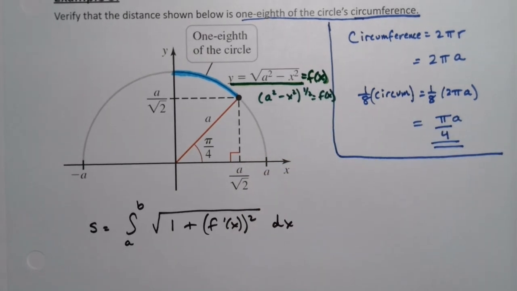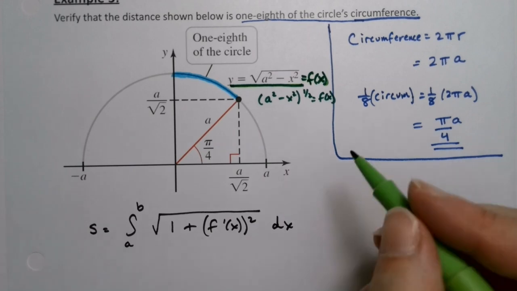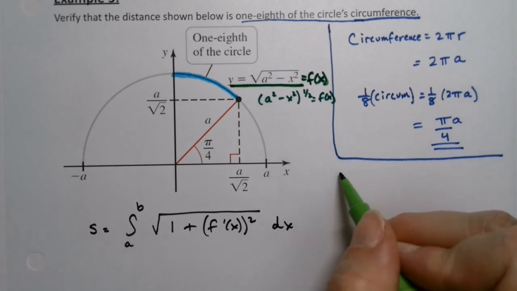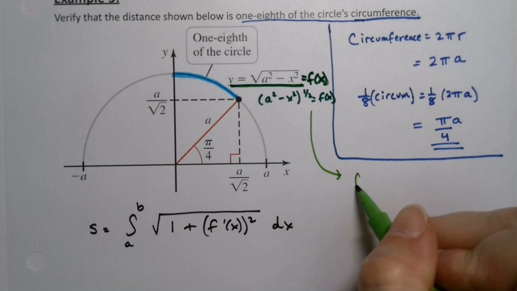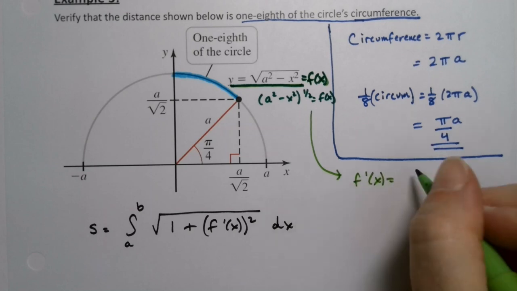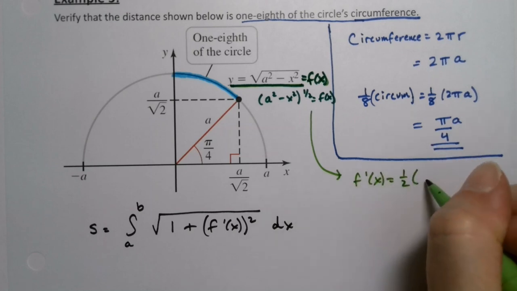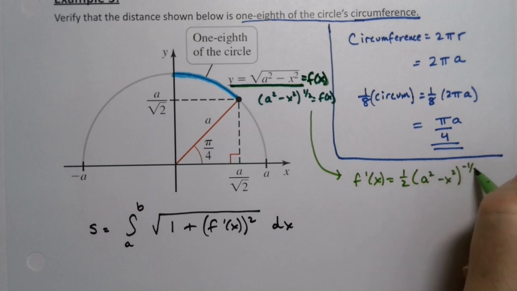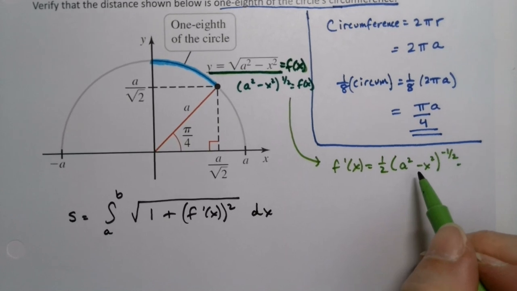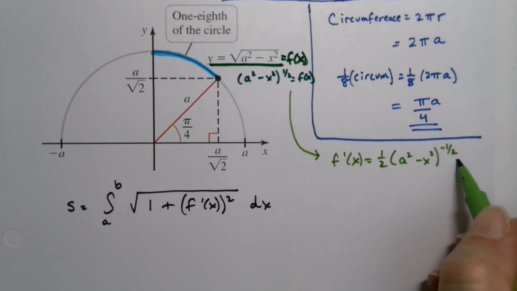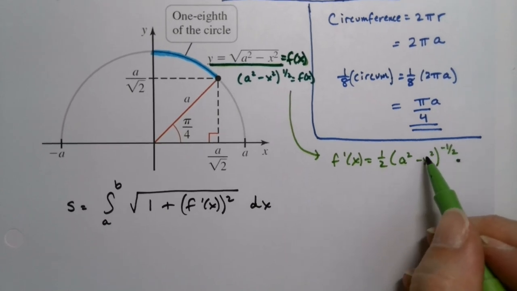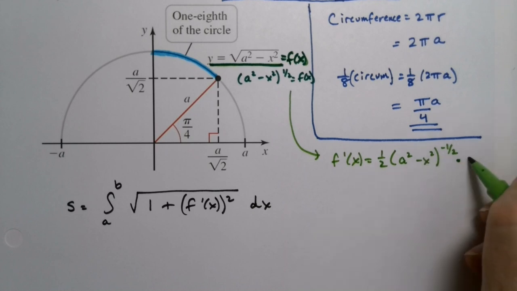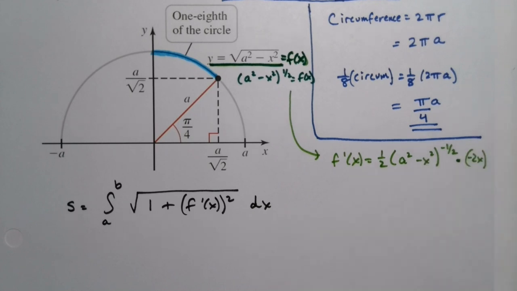All right, now I need to go find the derivative, so I'm just going to do it right down here. The derivative of that would be, well, we bring the 1/2 down, then it's a squared minus x squared to the negative 1/2 times the derivative of the inside. Now remember, a is a constant, so that doesn't enter into it. It's the derivative of negative x squared, which would be negative 2x, thanks to chain rule.